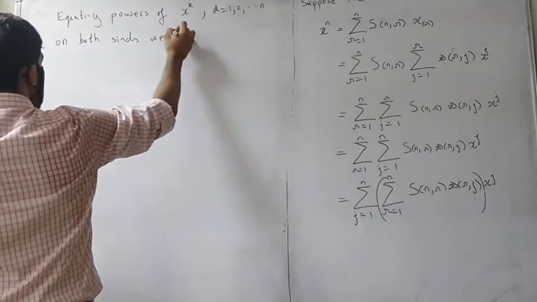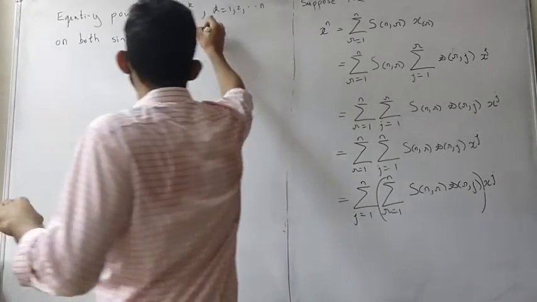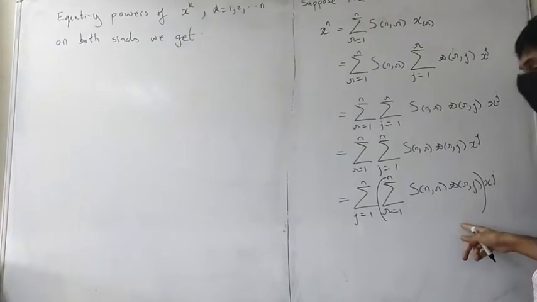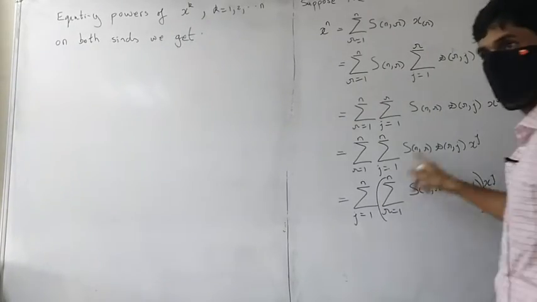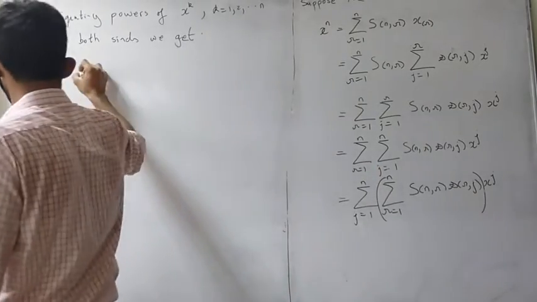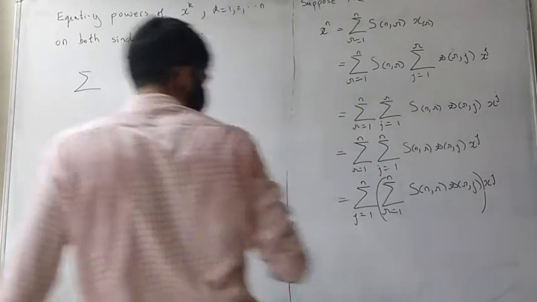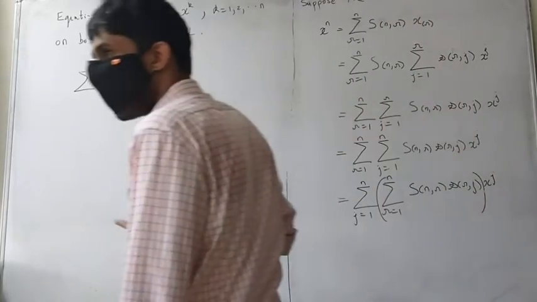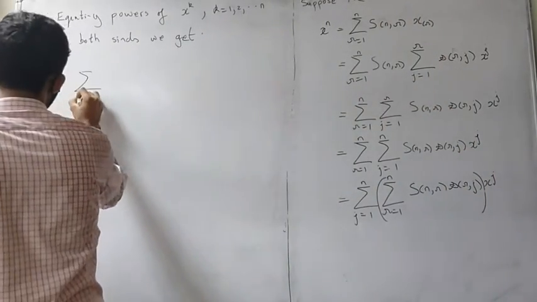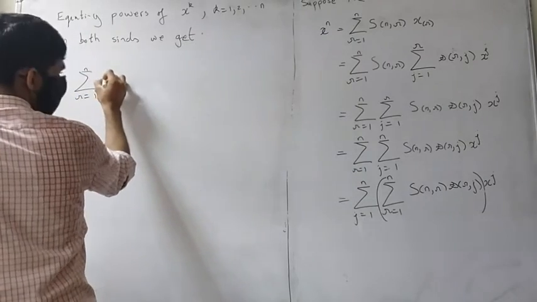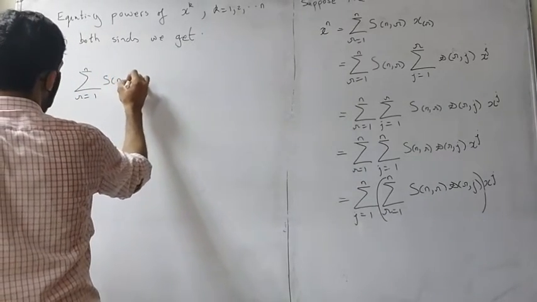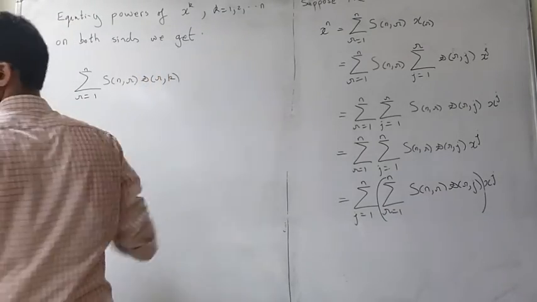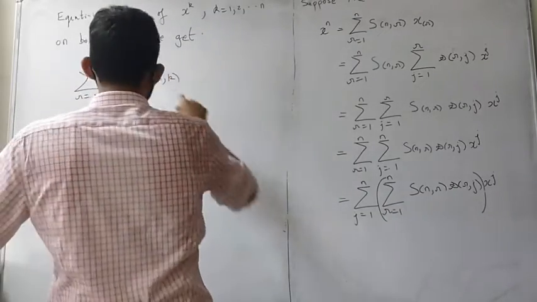We get, so ask yourself, what is the coefficient of x raised to k on this side? It is summation, in place of j you put k, right? So summation, I hope you are with me, r going from 1 to n, small s n comma r, small s r comma k, correct? This is the coefficient.